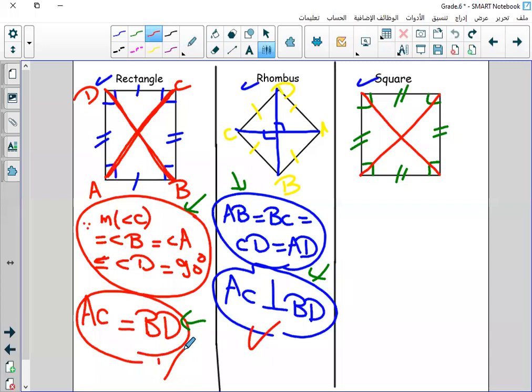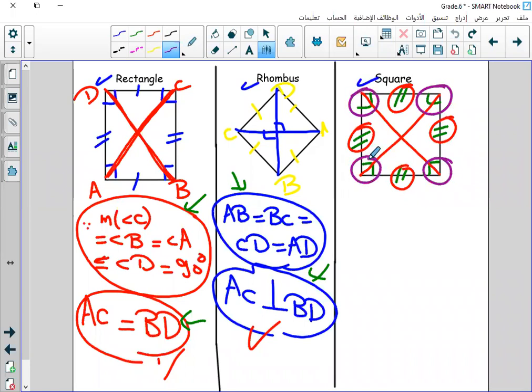Again, a square has the properties of a rectangle and a rhombus also. All of the sides are equal in length, all of the angles are 90 degrees, and the two diagonals are equal in length and perpendicular.